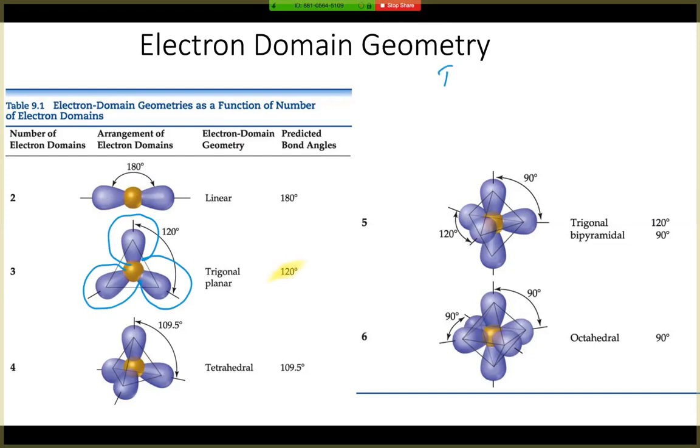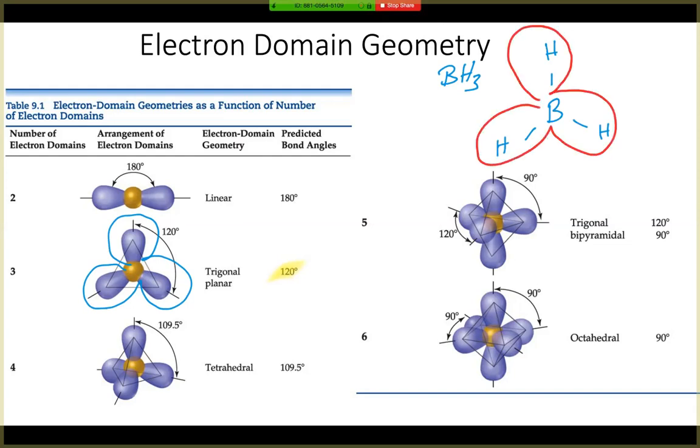Something like this might be borohydride, where we have a boron in the center and 3 electron domains around that center atom. And again, when we're counting domains, 1, 2, 3.